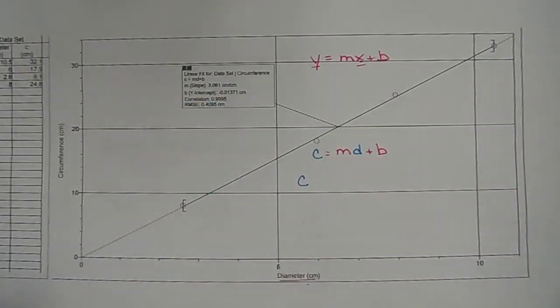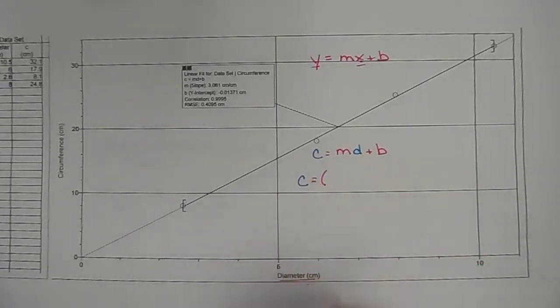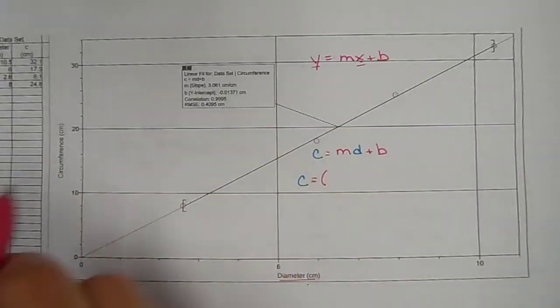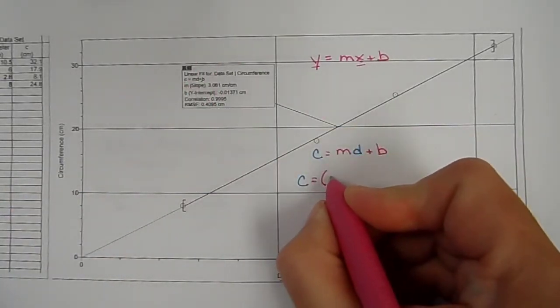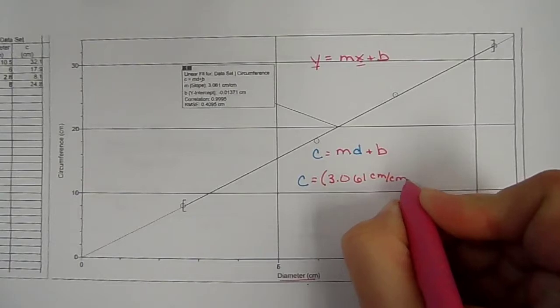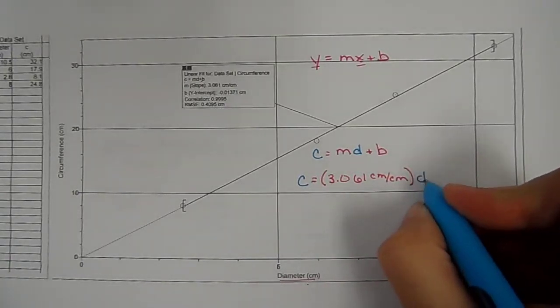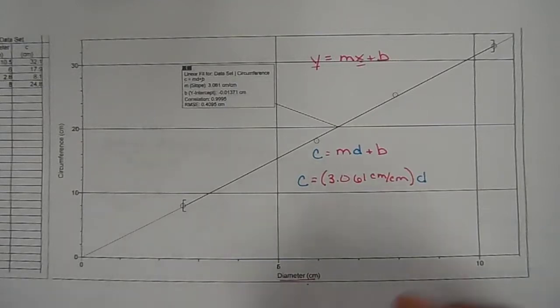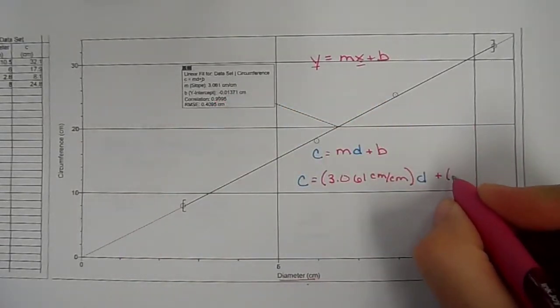So the circumference of our circle is going to be equal to our slope. Now your slope is going to go in parentheses because it has a lot of stuff to it. It has a number and it has labels. So you're going to put in your slope, centimeters per centimeter, times our x variable, which was our diameter, plus our y-intercept, which in this case was a negative.